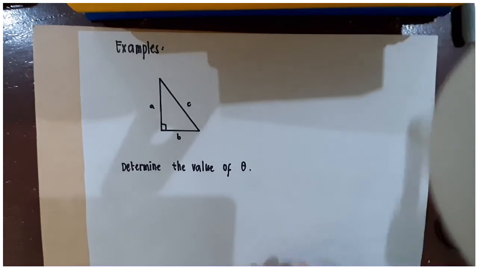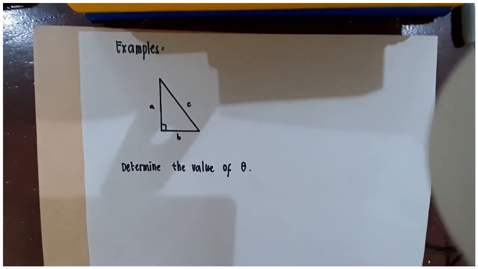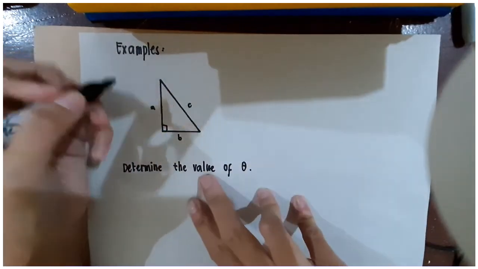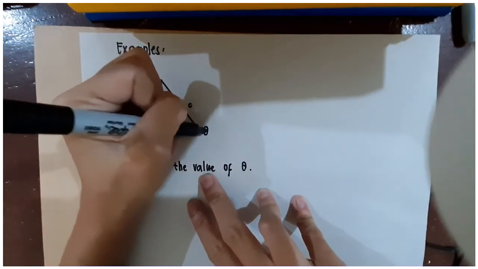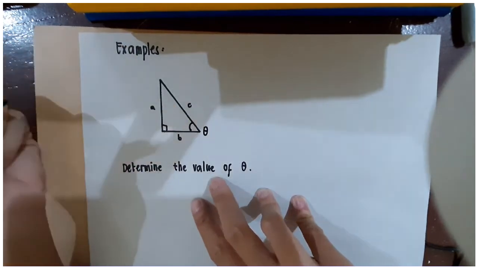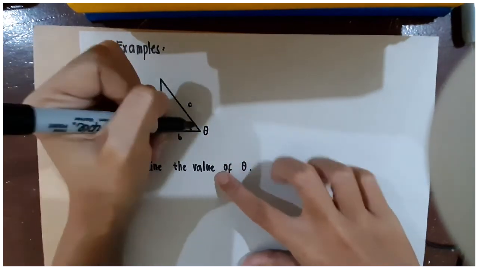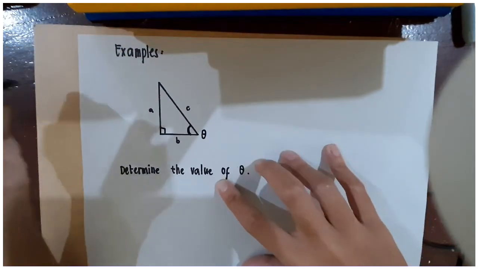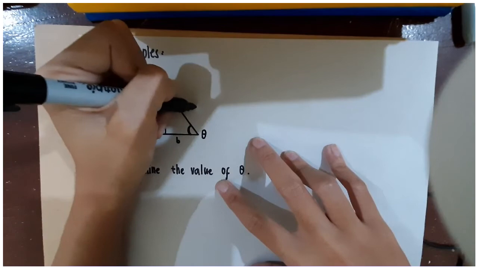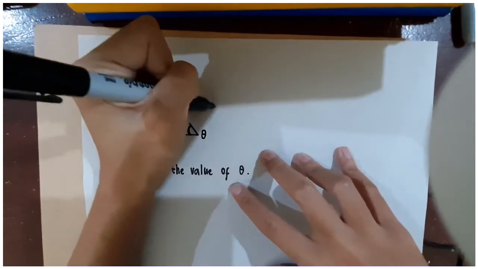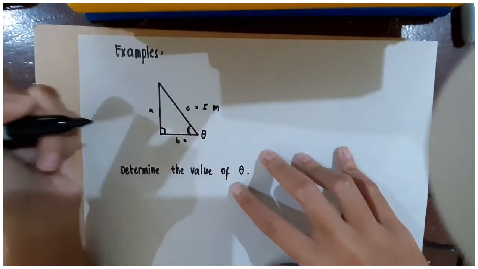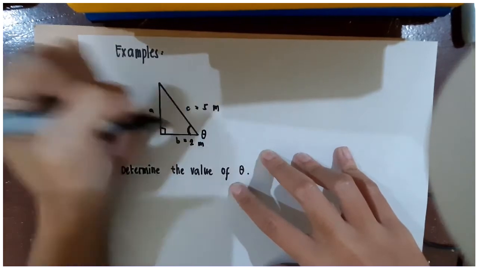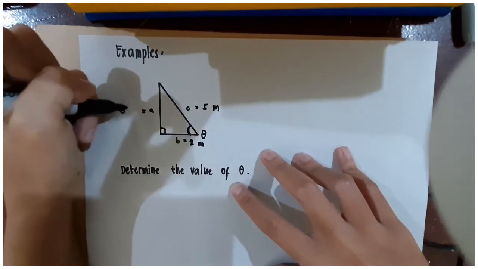Okay. Here, if you are given a triangle with sides ABC, and then you are going to look for this angle. This is your theta. Let's say this is your theta, and then you are given C is equal to 5. Your B is 2 meters, and then your A, let's say this is 3 meters.